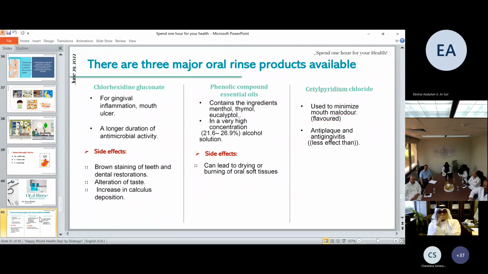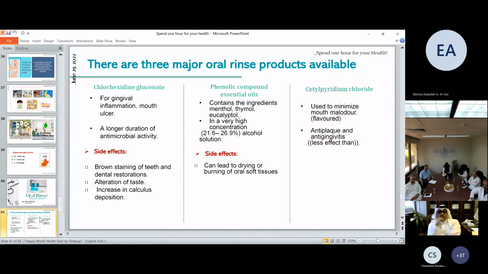In KSA, it contains alcohol at a percentage like 20%. We prefer as doctors not to use it for a long time because it has some side effects like drying or burning the soft tissue. In our country here, we have this family type, but it's alcohol free.